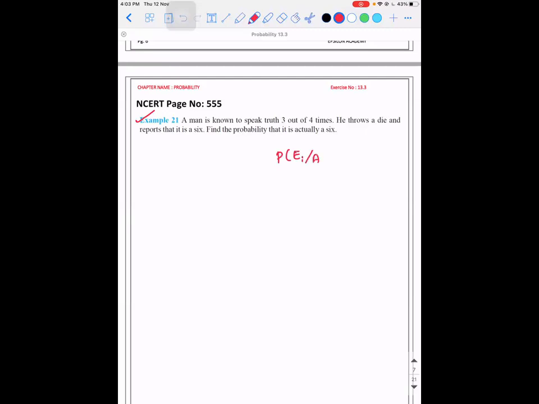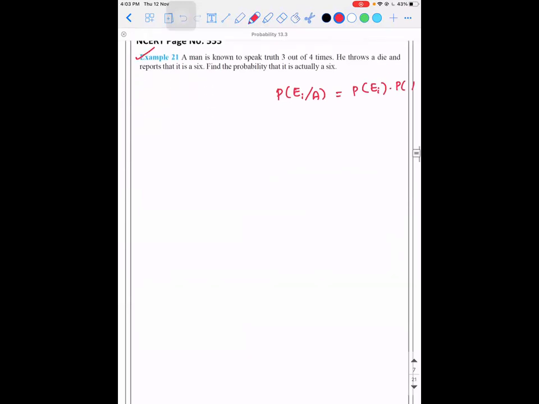Probability of Ei given A is equal to probability of Ei into probability of A given Ei, divided by what, guys? Sum of probability of Ej into probability of A given Ej, where j is going to vary from 1 to n, where E1 to En are what kind of events?